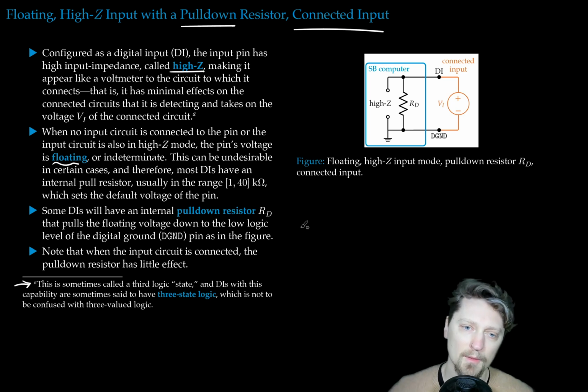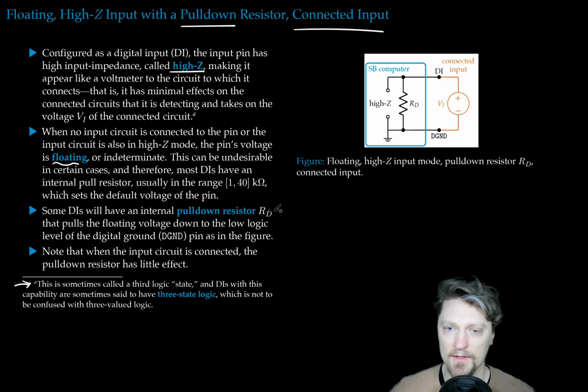Some DIs will have an internal pull-down resistor, RD, that pulls the floating voltage down to the low logic level of the digital ground, D ground, pin, as in this figure. So in this case, we have an internal pull-down resistor that pulls this input to ground when there is no connected input asserting a value here to DI.